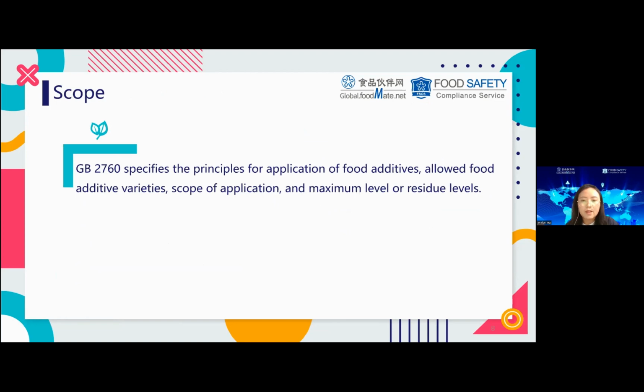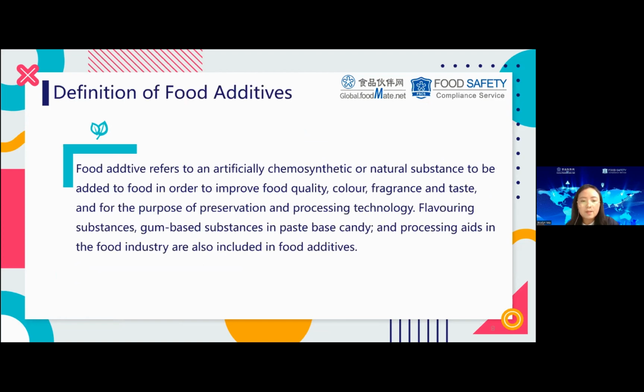And in the GB2760, the definition of the food additives is an artificially chemosynthetic or natural substance to be added in food in order to improve the food quality, color, fragrance, and taste, and for the purpose of the preservation and the processing technology.